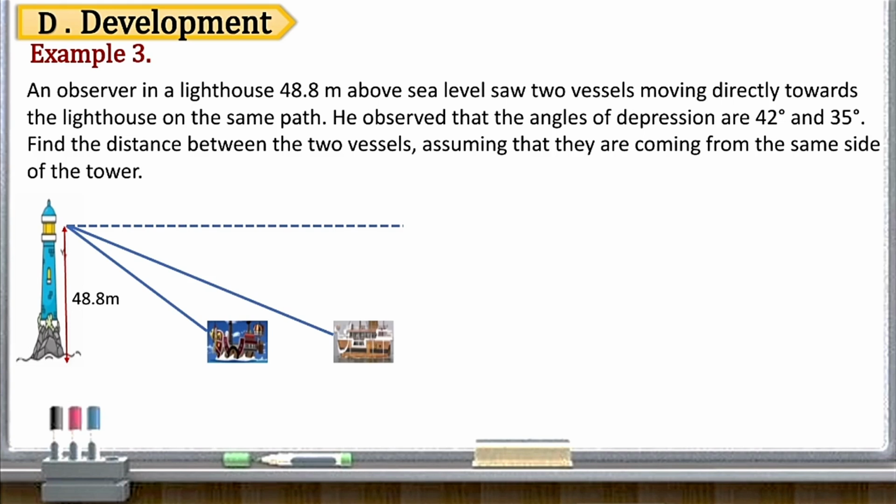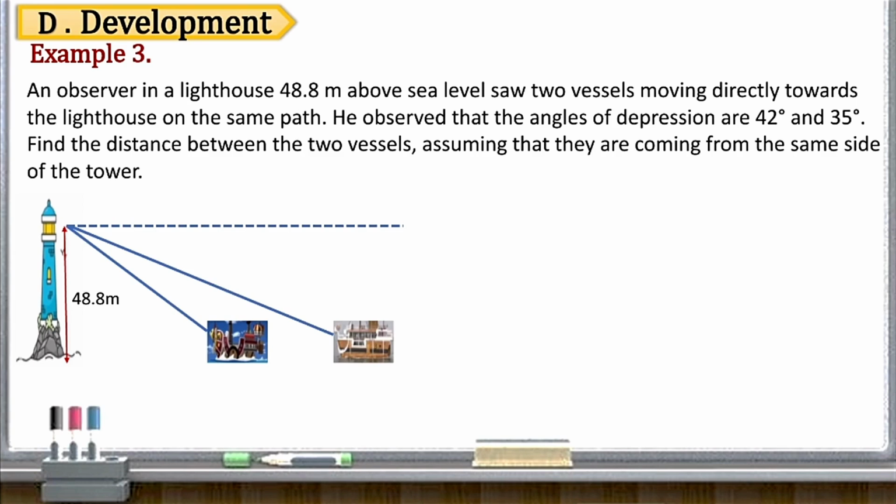So, basahin uli natin class yung problem. He observed that the angles of depression are 42 degree and 35 degree. So, dalawa class yung ating angle of depression dahil dalawa yung object na tinitignan ng observer. At mahalaga class na alam mo kung saan ilalagay ang 42 degree and 35 degree. Dito pwede nyo class pagbasihan yung napag-aralan natin sa 30 by 60 triangle.